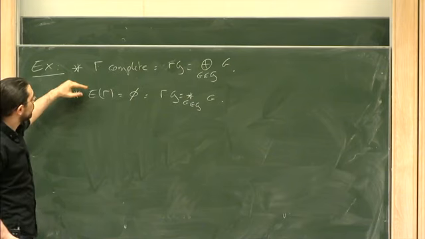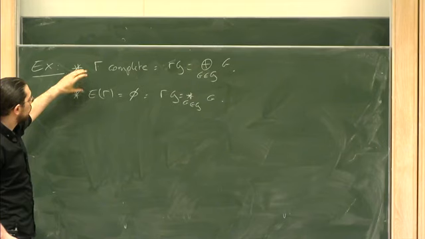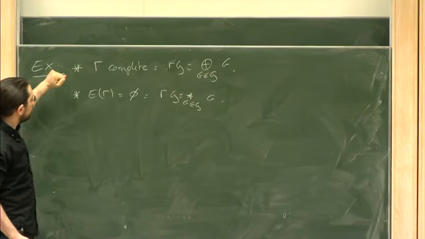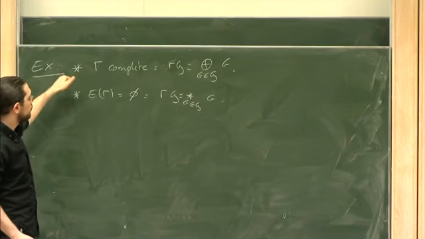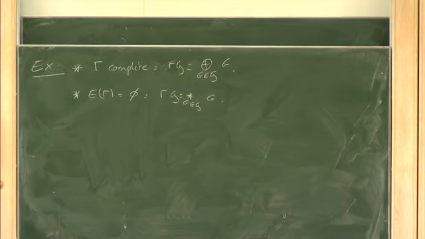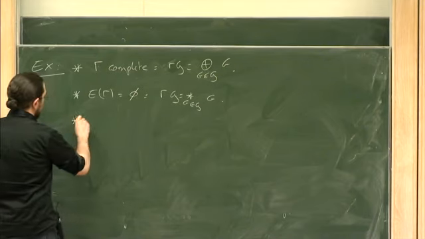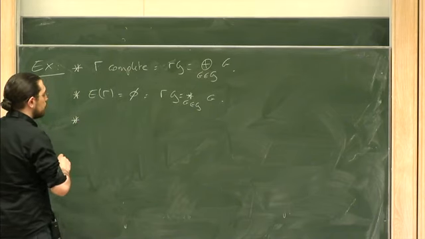Sometimes vertex groups commute, and sometimes not, and the commutations are encoded into the graph gamma, right? And there are classical examples of groups arising in this way.